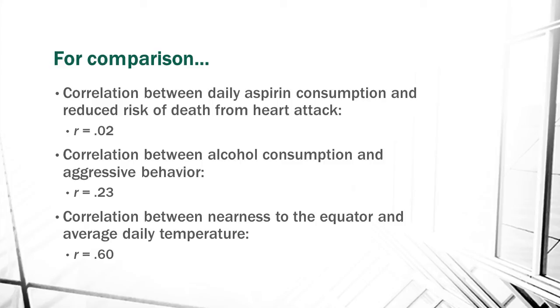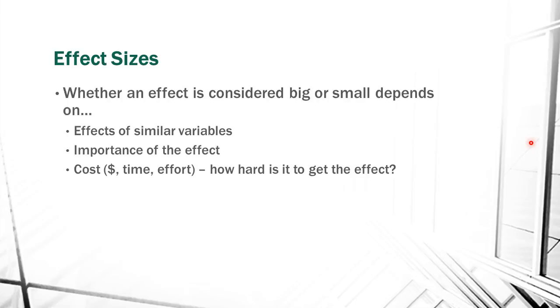So as we go on to interpret correlations, this doesn't necessarily mean that any correlation of any size is always fine all the time. Whether we're going to consider an effect to be big and useful or small and unimportant depends first of all on how does it compare to other things.